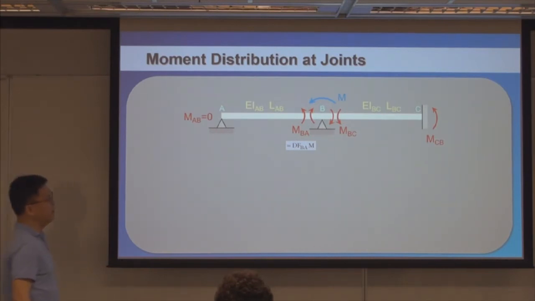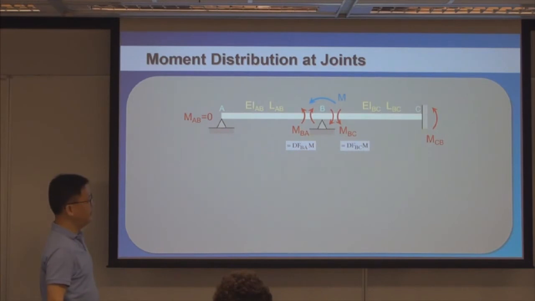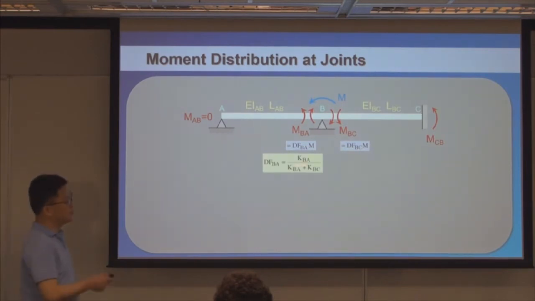And similarly, for MBC, we find the distribution factor BC, take that, multiply by the external bending moment, then that should be equal to MBC. So what is the distribution factor? The distribution factor is formulated based on stiffness coefficients. So KBA over KBA plus KBC.